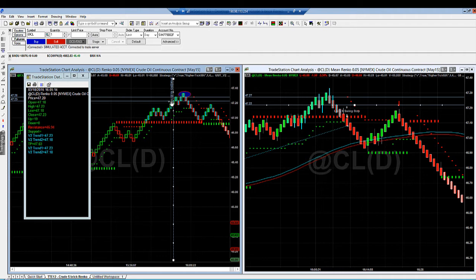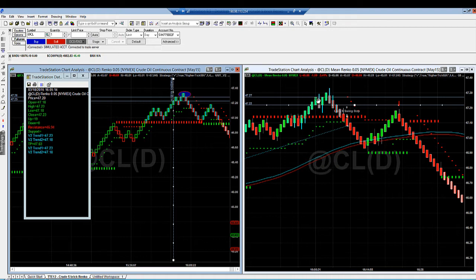So it doesn't really show you the true high or low of price action, which is one of the downsides to the Custom Renko. While they're great for cleaning up price action, they don't show you the actual price. You can see I've got the same chart here with a slightly different setting on this Mean Renko, because that's showing the wicks, the high, what's called the tail, and the wick.